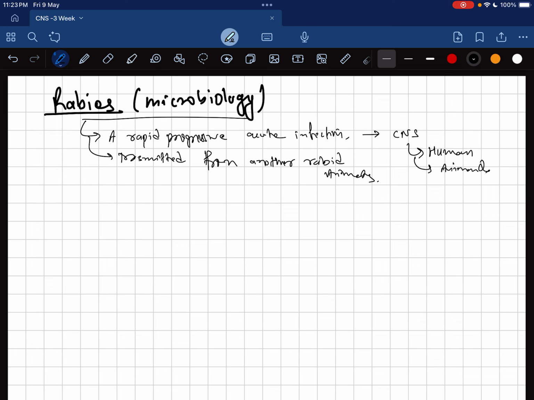It is a major public health problem. It is the most fatal disease. This is the problem with rabies, because it is fatal.